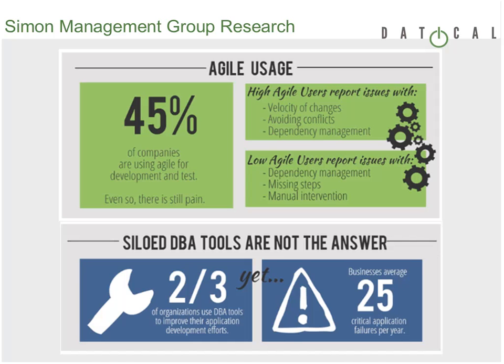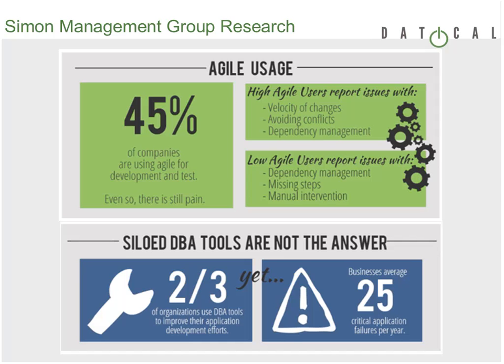Now, we all know that there is a problem here, and we tried to get at the root of how companies address these issues today. One of the things that we found is that people are adopting agile development methodologies more and more. Unfortunately, this doesn't seem to be fixing the problem.